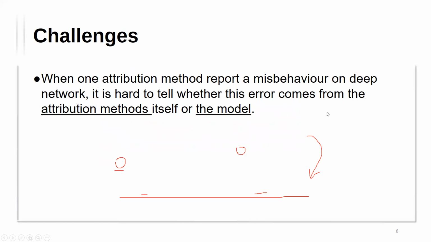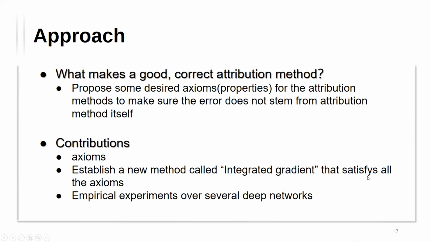Okay, please go on. The challenge is that when a researcher proposes an attribution method, the method might report some misbehavior, but it's hard to tell whether this misbehavior stems from the attribution method itself or the model. So that's why they propose some axioms, and they claim that as long as your attribution method satisfies all the axioms, then the error can only come from the model, not from your attribution method.